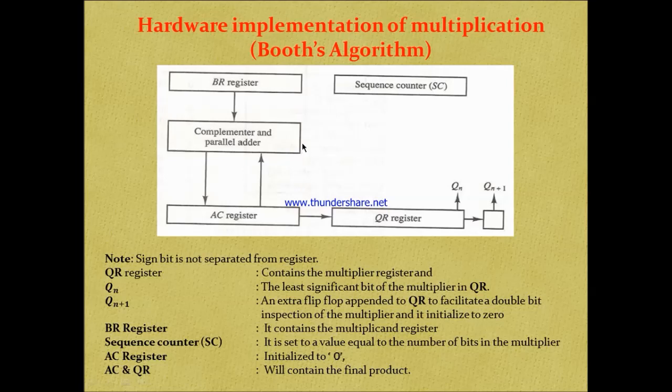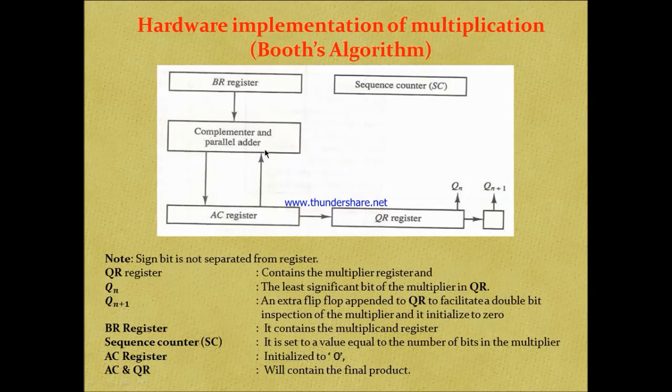For the operation we have to keep the multiplier here and the multiplicand here. Suppose Qn is 0 and Qn plus 1 is 1. Then we have to add the BR with the AC. So BR will come here and similarly AC will come here, through the parallel adder and complementer.